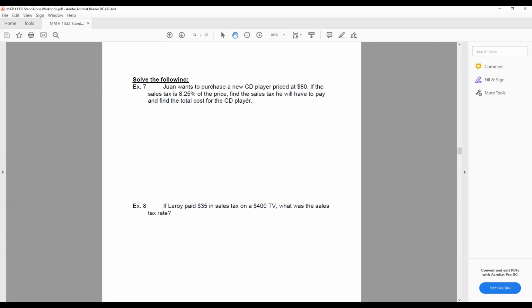They asked to find the sales tax, so also make sure what they asked for. All they wanted was the 6.6. I found the total, but they didn't want that.